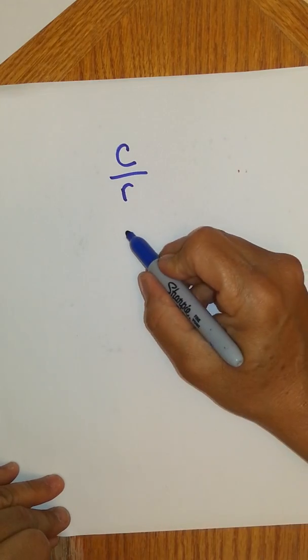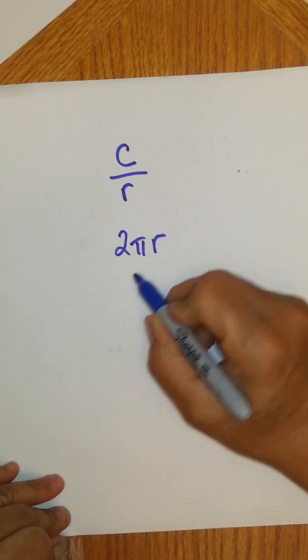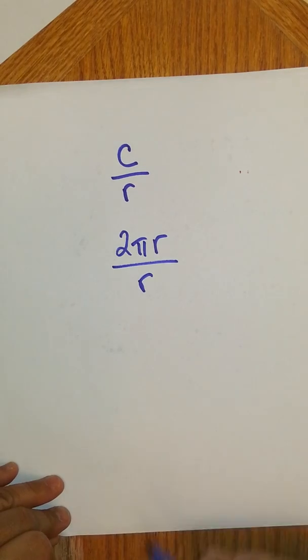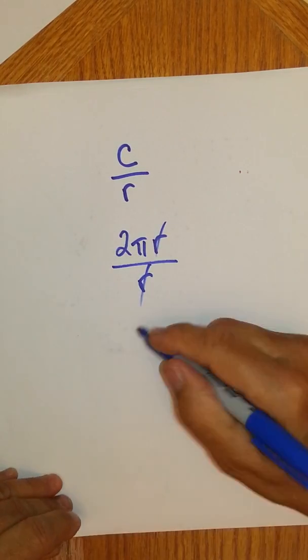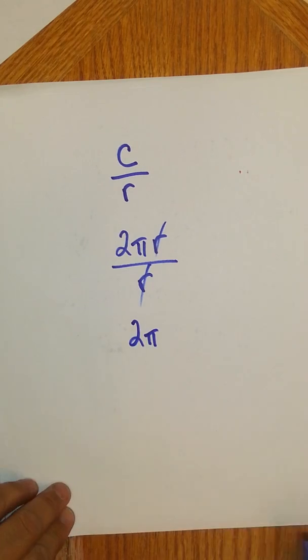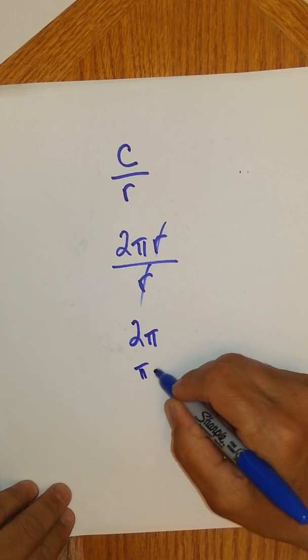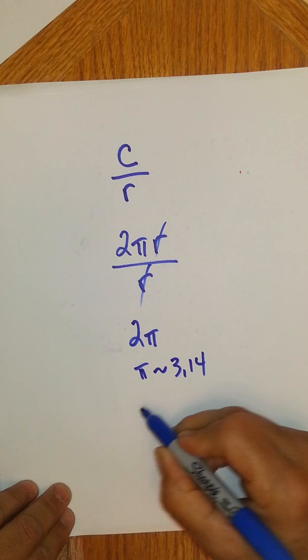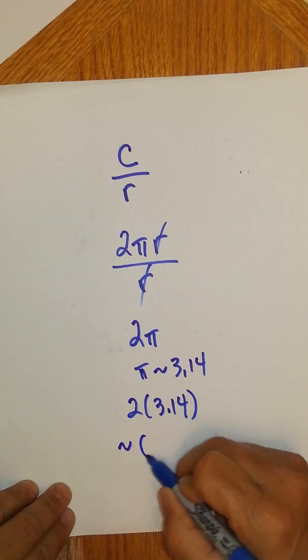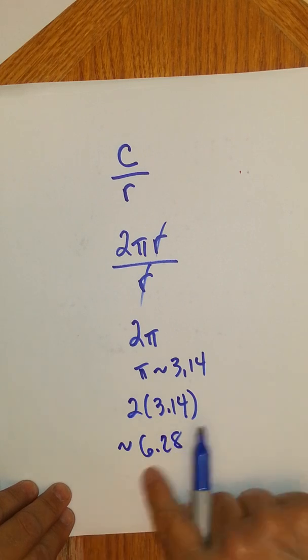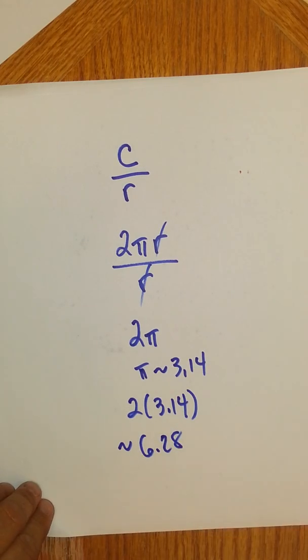But remember, the circumference is 2 pi r. So now you can see the radius cancels out, and you're left with 2 pi. And since pi is about 3.14, then you have 2 times 3.14, which is your 6.28. And of course, this is an approximation because we're approximating pi.